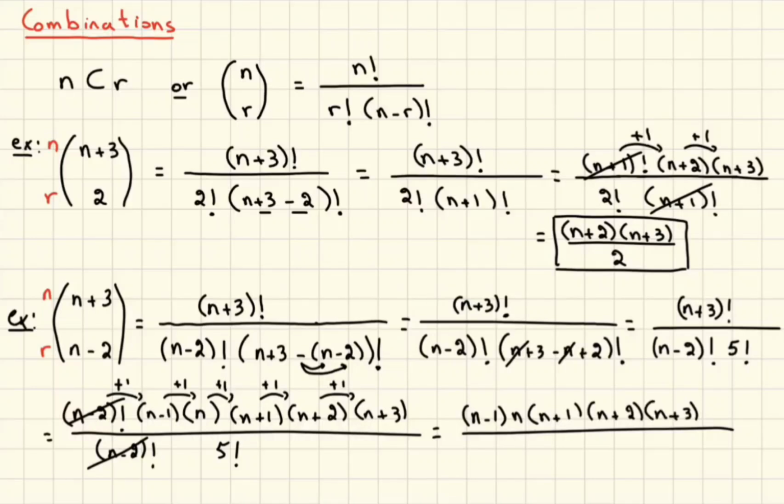Now 5 factorial means 1 multiplied by 2, by 3, by 4, and by 5, and we can get the answer of that, which is 2 times 3 is 6, and 4 times 5 is 20. 6 times 20 will be 120. And this will be our final answer.